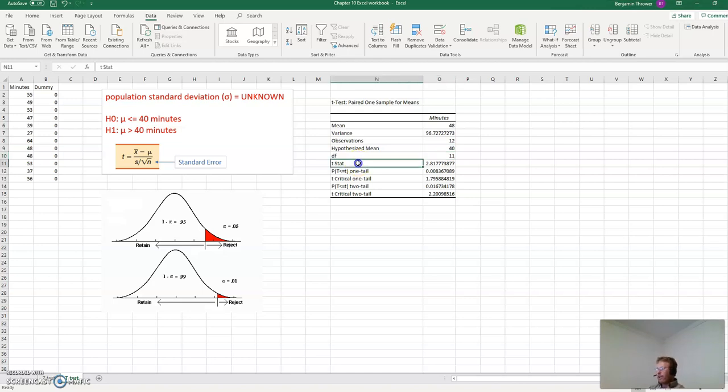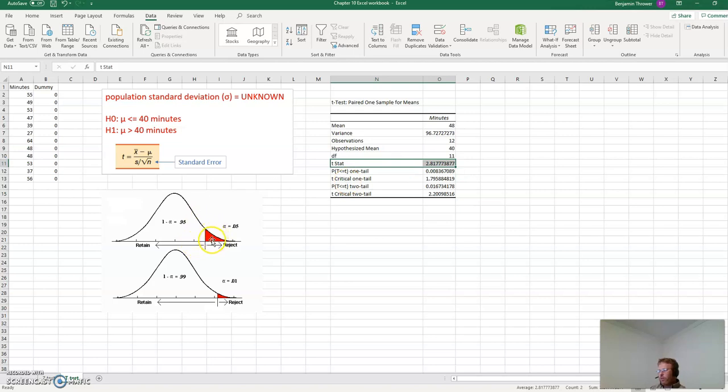Okay, here's our actual answer for the t-stat for our formula right here. Which is what? 2.81. And what we want to see is if that 2.81 falls to the right of our critical value, whatever it may be. Remember, we were getting it from the table before, but now Excel is going to give it to us over here. But we'll look at it in a second. Whether that 2.81 is to the right or left of our critical value that Excel got from the table for us.